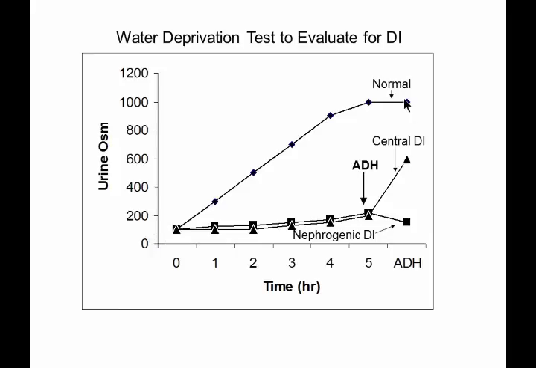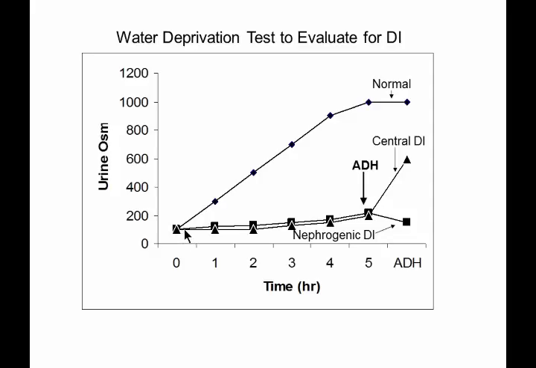And what's happening is all the water is being reabsorbed, and the only things in the urine are a very high concentration of sodium and urea, which are the particles that contribute to the osmolarity.